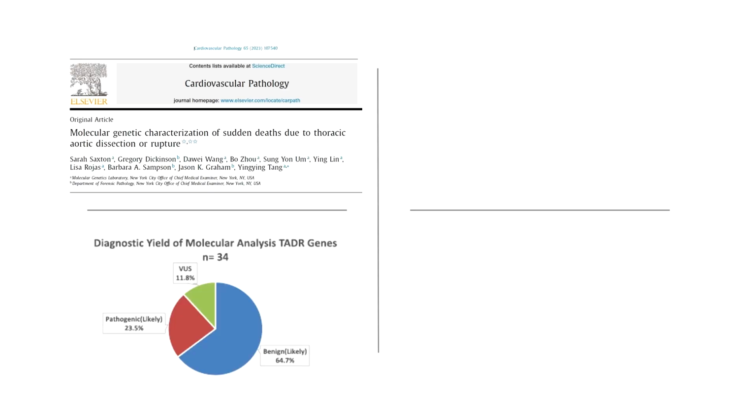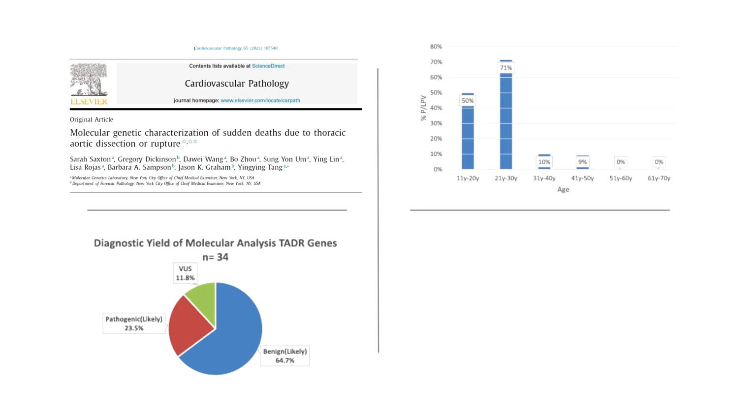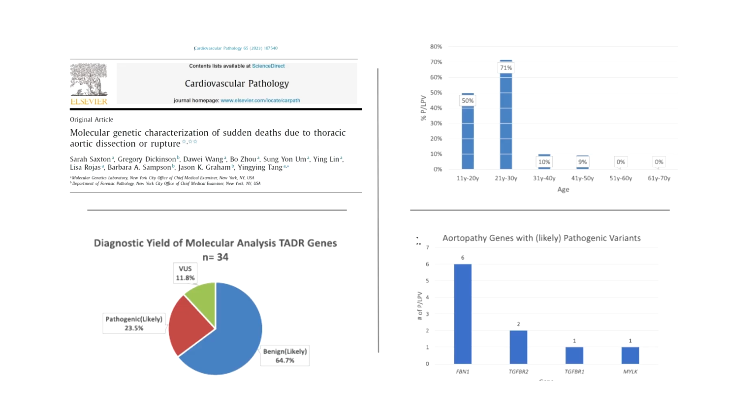The yield was higher in the 11 to 20 years old group and the 21 to 30 years old group, at 50% and 71% respectively. The genes with the greatest prevalence of pathogenic or likely pathogenic variants were the FBN1 gene for Marfan syndrome, followed by TGFBR2 and TGFBR1 for Loeys-Dietz syndrome.